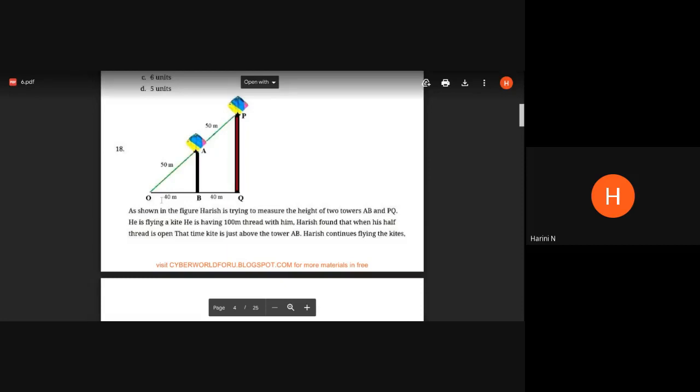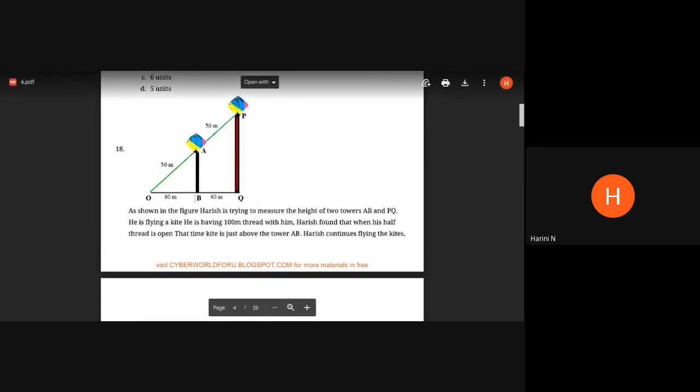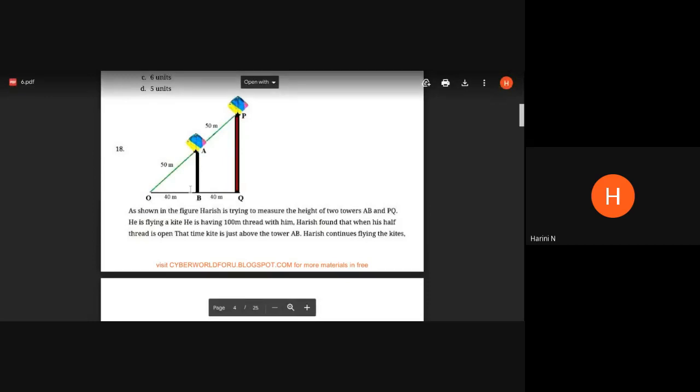The tower AB is a building, and OB is the horizontal ground level. A building will stand on the ground only. So whenever there is a vertical standing on a horizontal, the angle made will be 90 degrees. So using Pythagoras, AB can be arrived at.